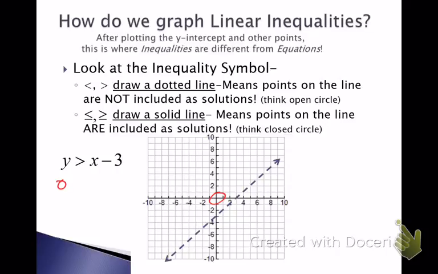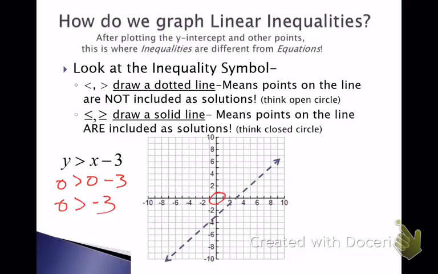Plug in 0 for y, 0 for x, and we get 0 is greater than negative 3. Is 0 greater than negative 3? Yeah, it is. So we know that (0, 0) is a solution.